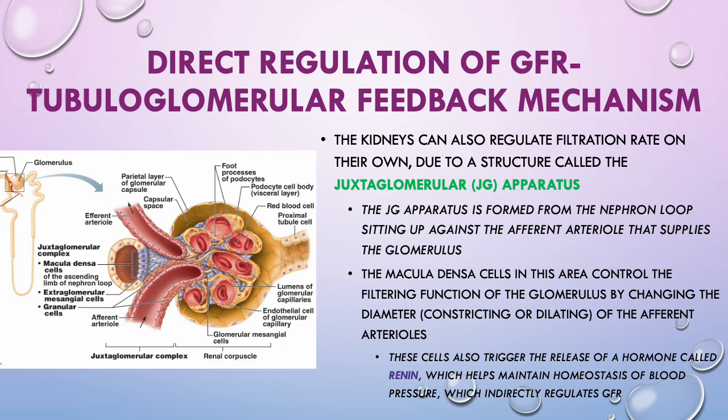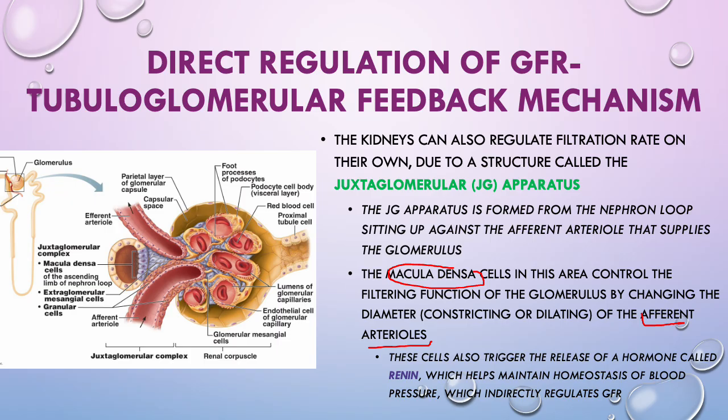They are formed from the nephron loop against the afferent arteriole that supplies the glomerulus. These groups of cells have different names. One is called the macula densa. This area controls the filtering function of the glomerulus by changing the diameter of the afferent arteriole. So we are still doing some constriction here, okay?